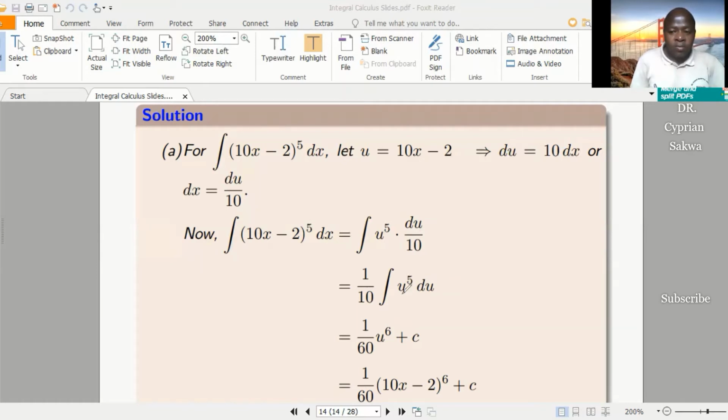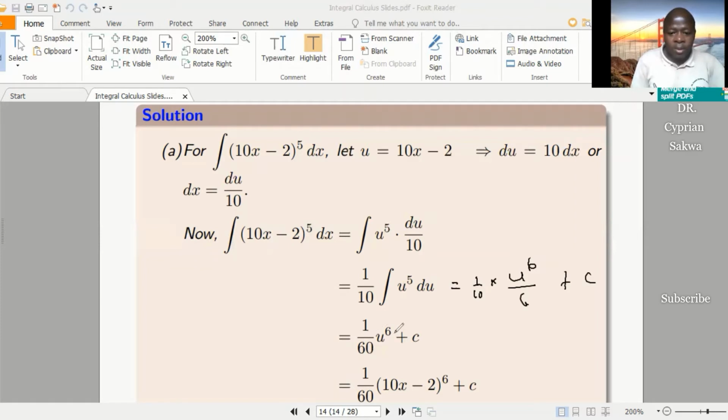Integrate this u raised to 5 by adding 1 to the power and dividing by the new power. In fact, it will be 1 out of 10 times u raised to 6 divided by 6, then plus constant of integration. From this step, you can see how I got 60.